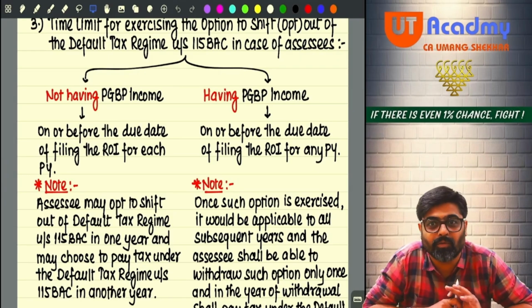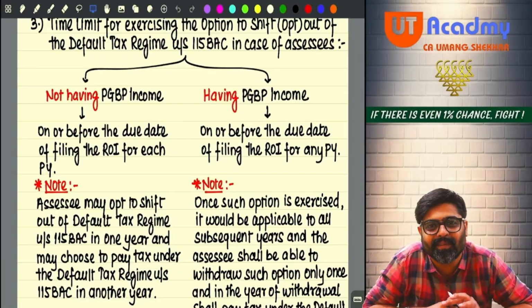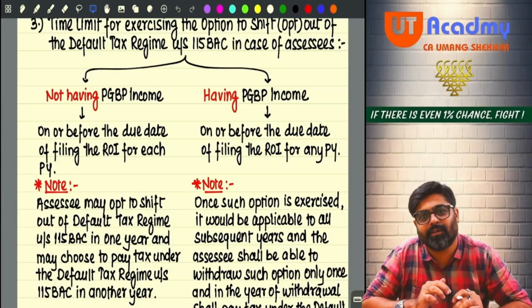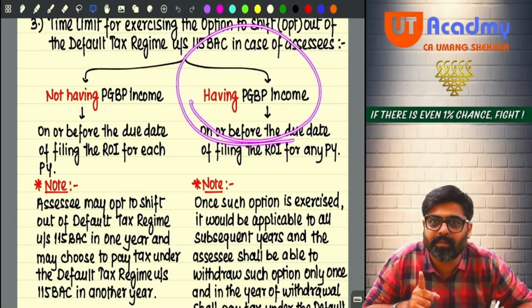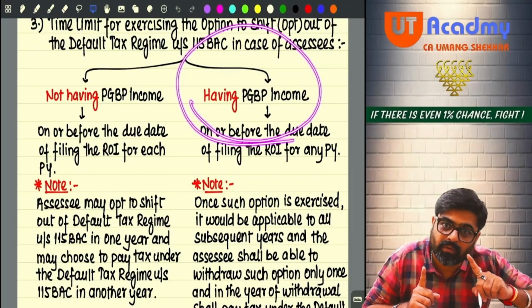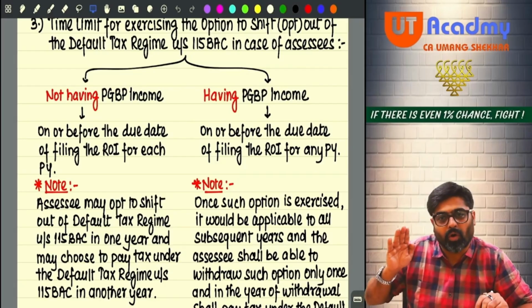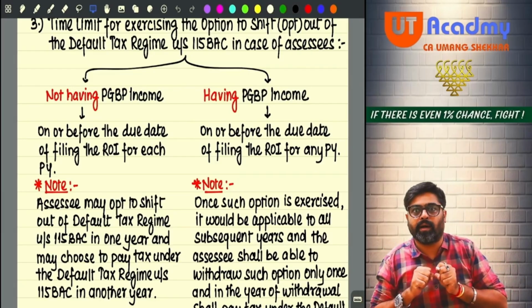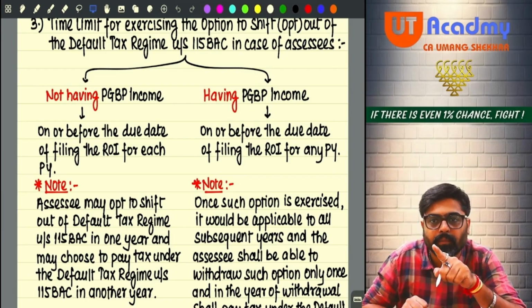Forget about shifting out, in a single year you are gone. 115 BAC will stick to you forever, till the time you don't stop earning PGBP income. Now 115 BAC will be applicable. So the option to shift out you have to take every year if you are earning PGBP income.